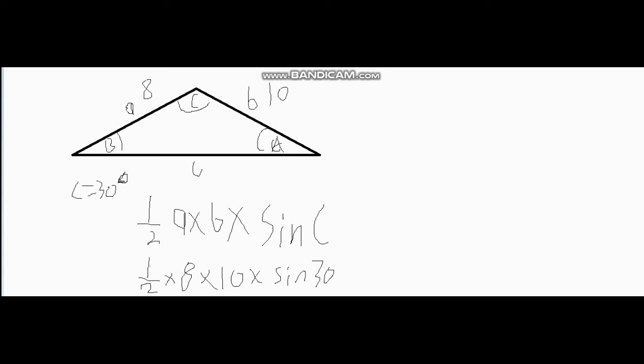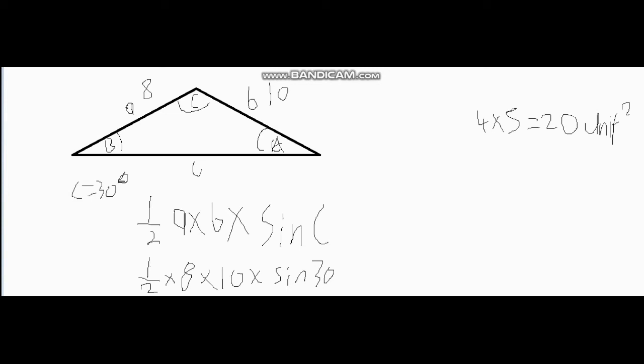Half of 8 is 4, so we can have 4 times 5 because we know 10 times a half would give us 5, and then this now would give us 20. And of course we didn't put any unit, so we could just write units squared. So remember, area is always in squared units.